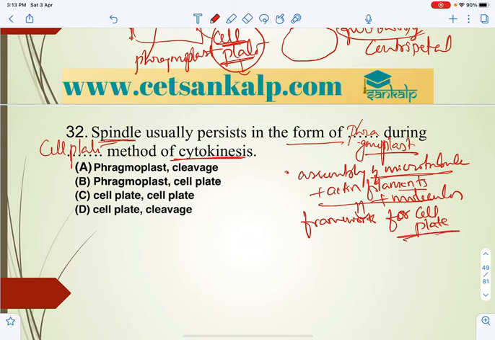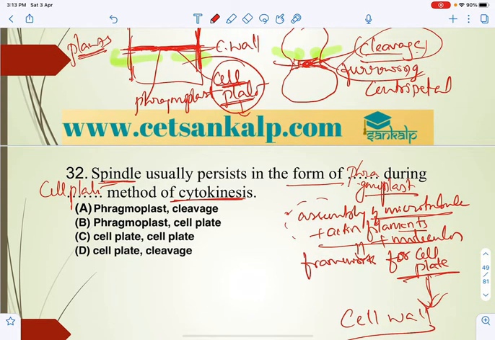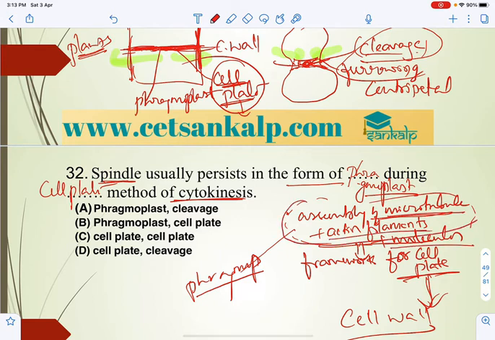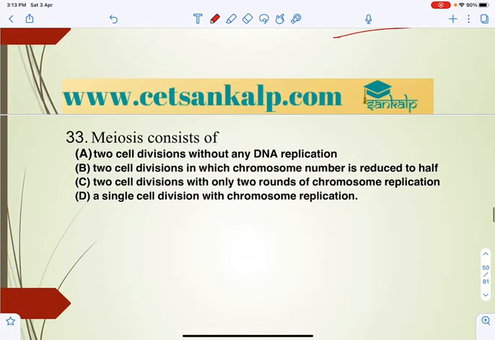This cell plate is assembled, and later leads to the formation of the cell wall. So altogether the phragmoplast forms a framework for the cell plate and finally forms the cell wall. The answer for that is B. Question 32, the answer is B.